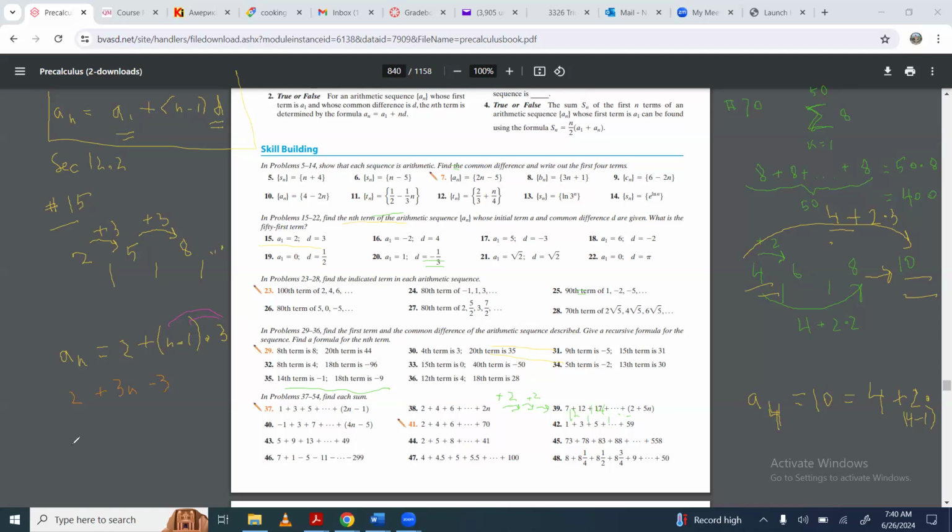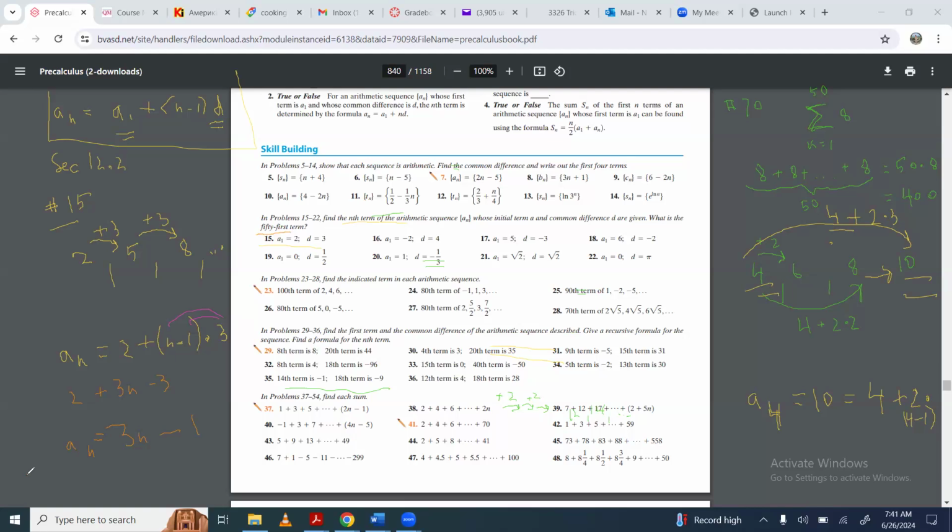And here's my answer. The nth term is going to be 3n minus 1. So if you want to find term number 100, it'll be 300 minus 1, 299, and so forth. So that's the formula.